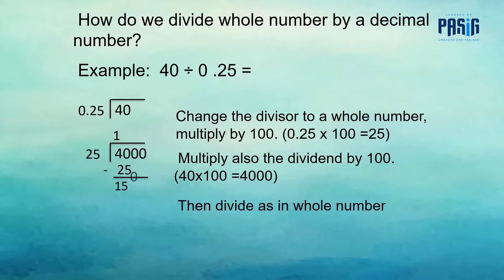Subtract. Bring down 0. 150 divided by 25 equals 6. 6 times 25 equals 150. Subtract, is equal to 0. Our quotient now is 160.